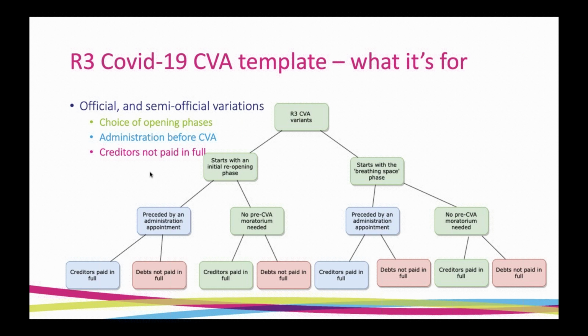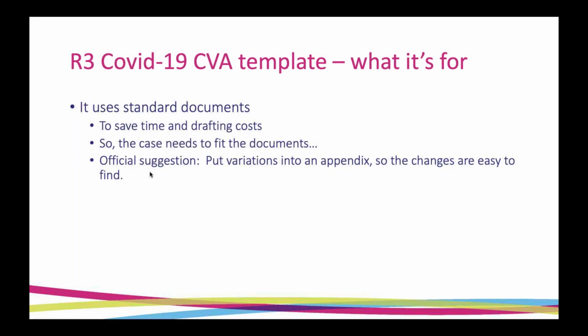And there's another variation that allows for the CVA to be offered to creditors on the basis of asking creditors to take a write-off of some of what is due to them. So all in all, there are many different flavours of this standard template that are designed to fit quite a wide range of different types of situation.